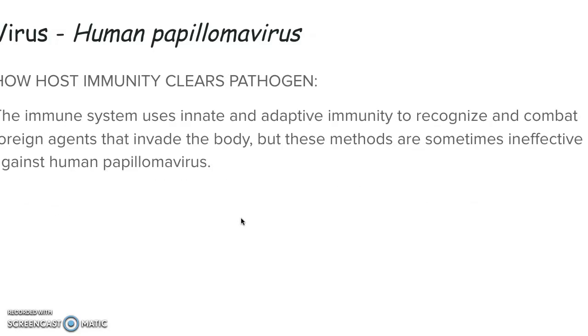So how the host immunity clears the pathogen is that the immune system uses innate and adaptive immunity to recognize and combat foreign agents that invade the body, but these methods are sometimes ineffective against human papillomavirus. So our immune system itself cannot always destroy this microbe.